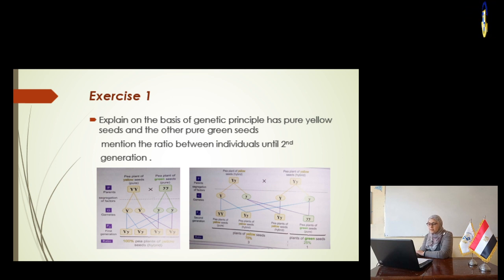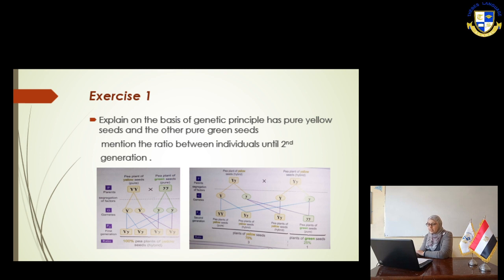In the opposite figure, we can see pea plant of yellow seeds, but they are hybrid, capital Y and small y. And the pea plant of yellow seeds, also they are hybrid, capital Y and small y. So the gametes here, capital Y and small y.